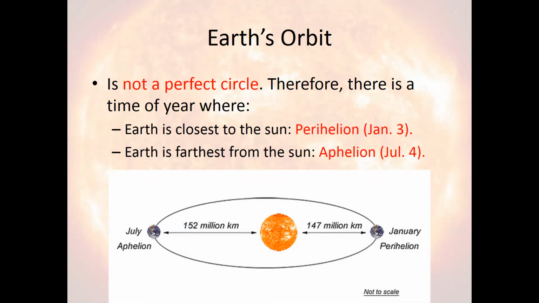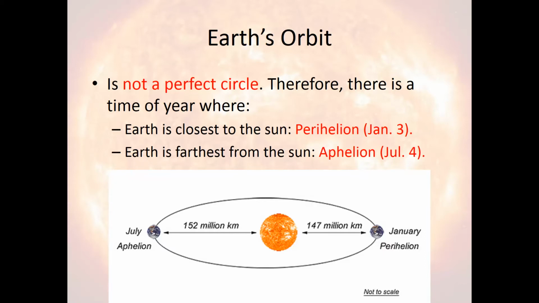Now, with this said, the difference between 152 million and 147 million isn't extremely substantial. And as a result, we only get slight variations in how much sunlight we receive due to these changes in distance. So, distance from the sun isn't really the key thing that gives us seasons.